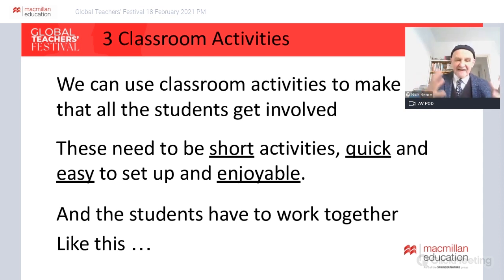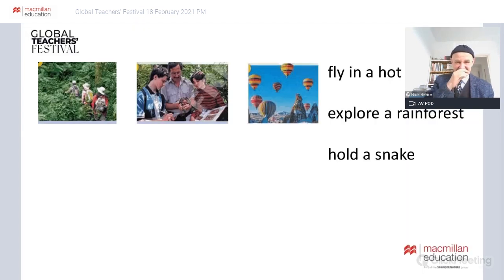They're actually using English in a really genuine, needy way. But of course, there is always a problem, because to work well, communicative activities have to be short, quick, easy to set up, and enjoyable. And in so many cases, it's not very often any of those things, or some of them are missing.